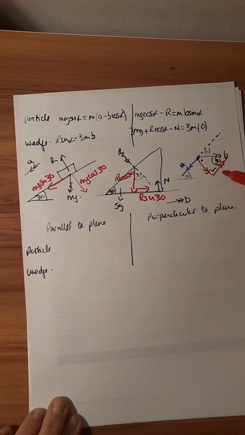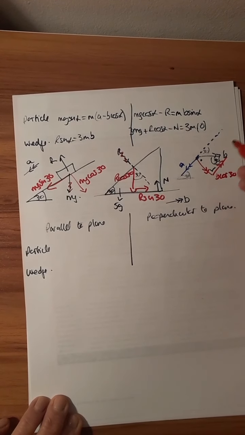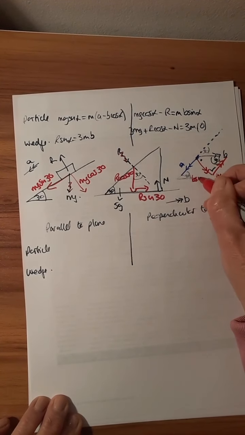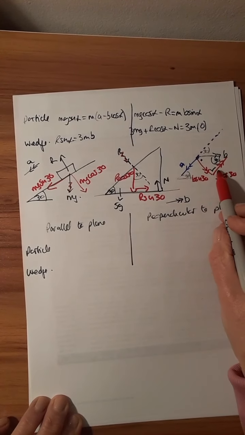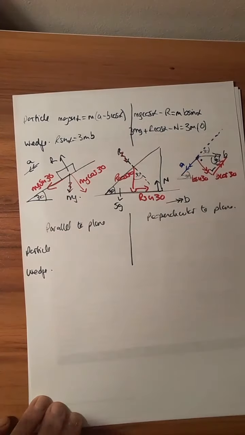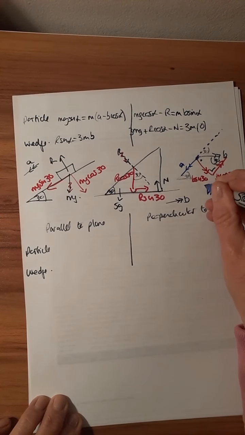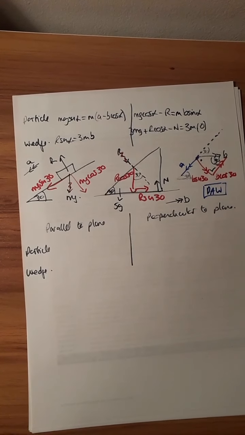So this one is the adjacent, so this becomes b cos 30. And of course, this one is the opposite, so this one is b sine 30. So that's my acceleration diagram, my particle diagram, and my wedge diagram. So once I have those done, now I'm going to write the equations.